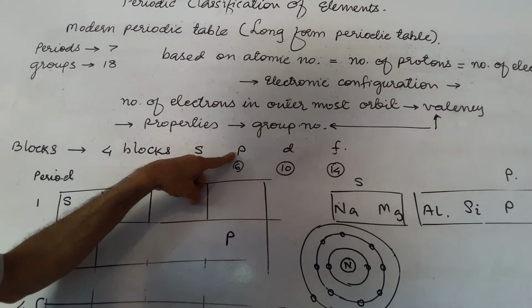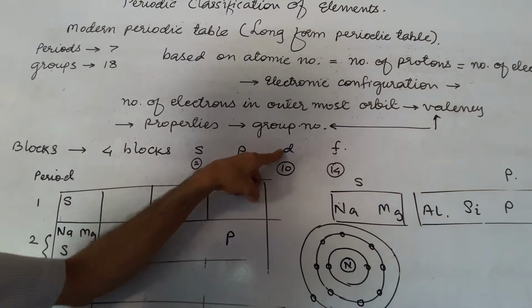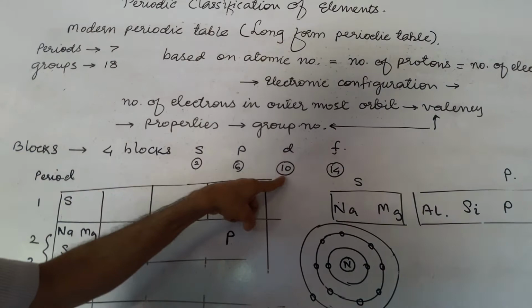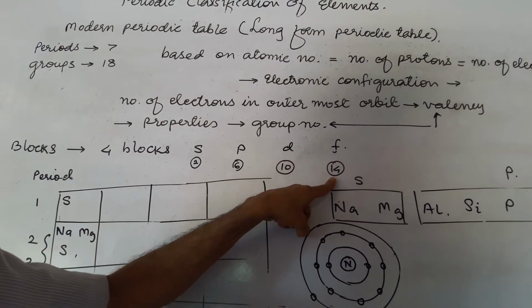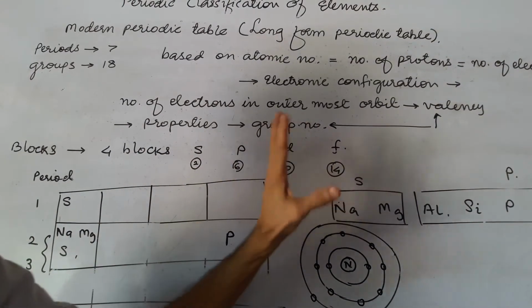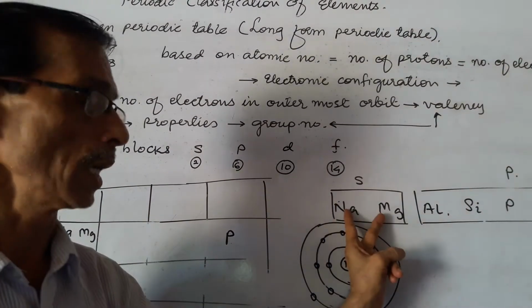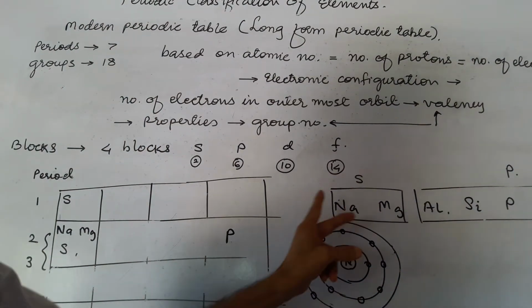Then comes P, which will have 6 elements. Then comes D, which will have 10 elements, and then F, 14 elements. So keep in mind that S, P, D, F are the blocks.